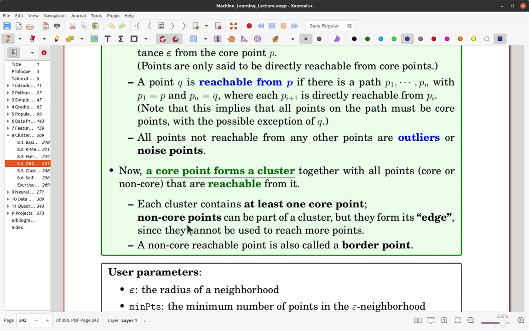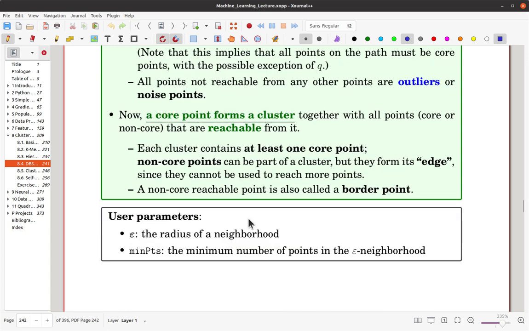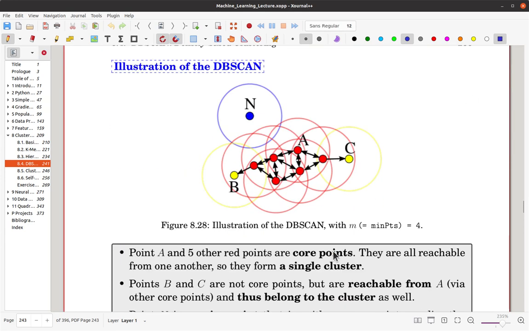They are edges, or sometimes called border points. Okay, for the algorithm, epsilon is the radius of a neighborhood, and M is the minimum number of points in the epsilon neighborhood. We'll see this picture.